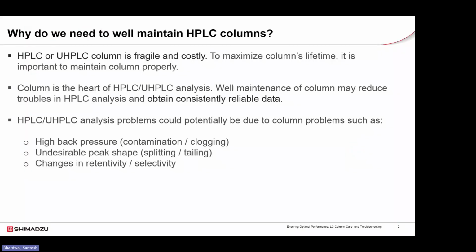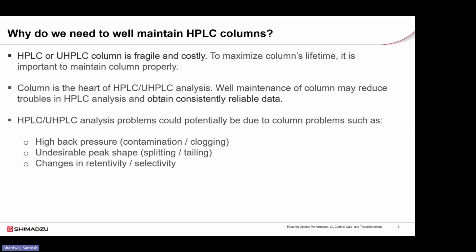The question arises, why do we need to maintain HPLC column? HPLC and UHPLC columns are among the most critical and sensitive consumables in any LC system. The column is often referred to as the heart of chromatographic separation. When the condition of the column deteriorates, it directly affects resolution, retention time, and peak shape.